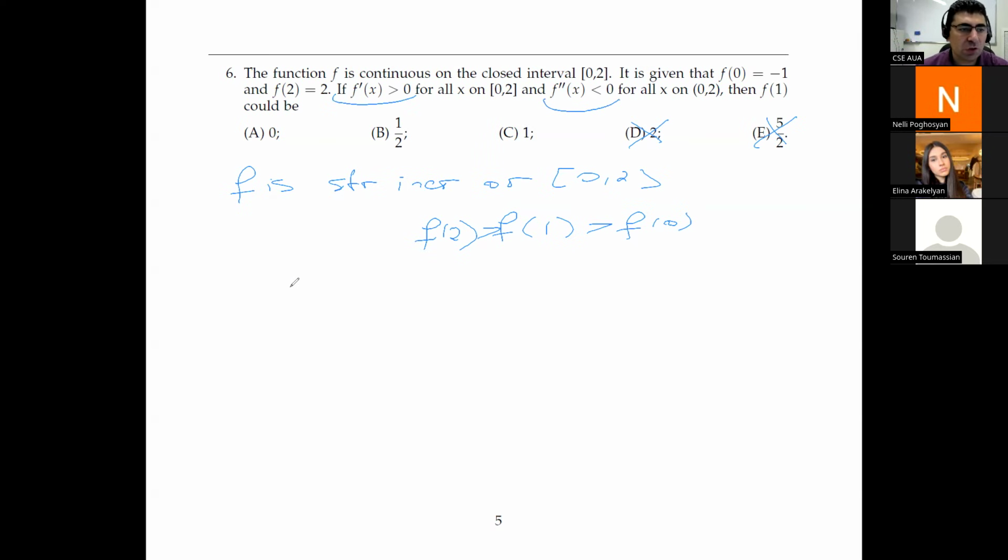Concave down means that f(alpha x plus (1 minus alpha) y) is greater than alpha f(x) plus (1 minus alpha) f(y), which is true for any x and y, and alpha from 0 to 1.